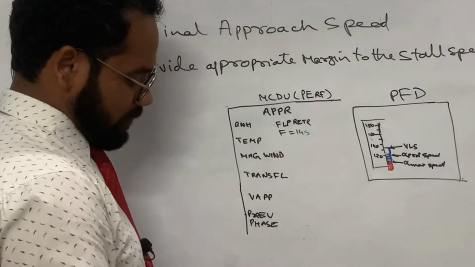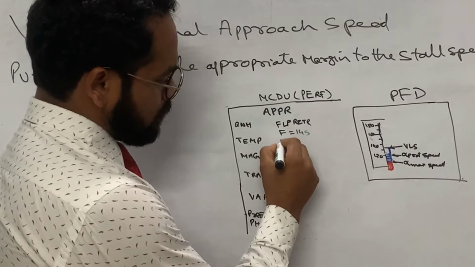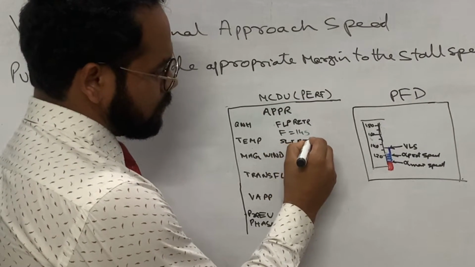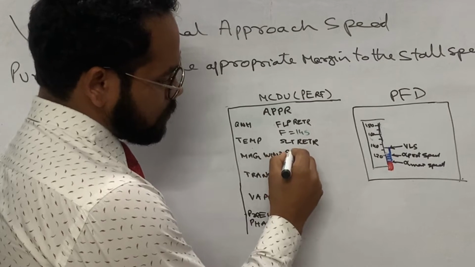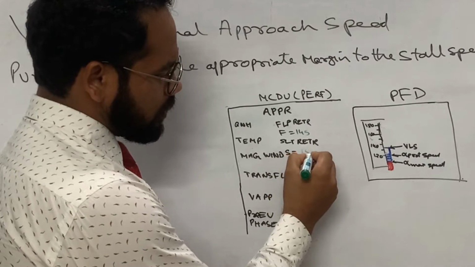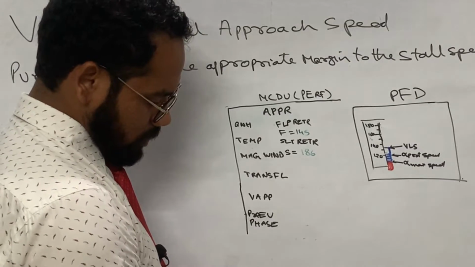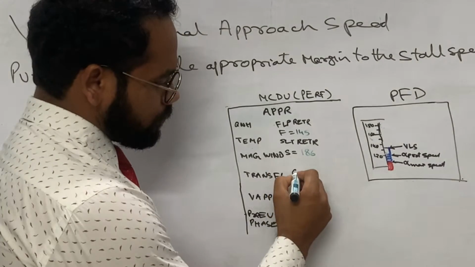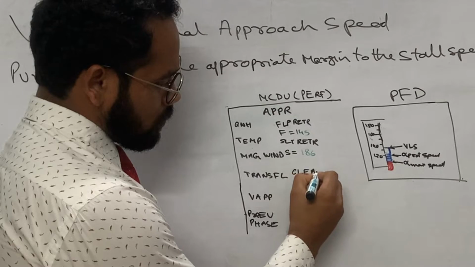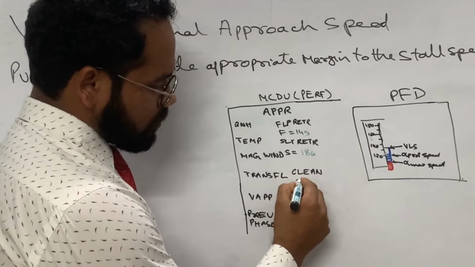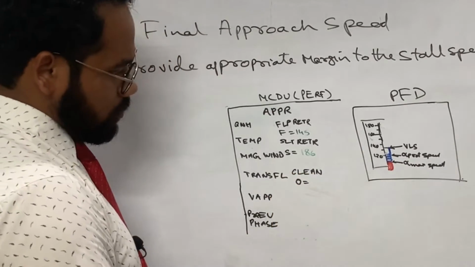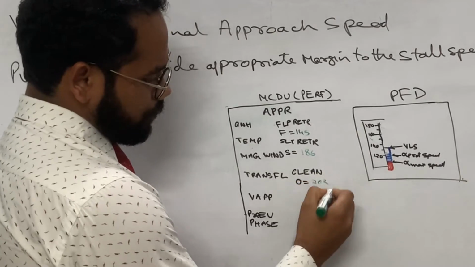Next we have the slat retraction speed, that is the S speed we call. Let's suppose it's 186. Then we have the green dot speed, written here by means of the letter O. Suppose the green dot speed is 202.